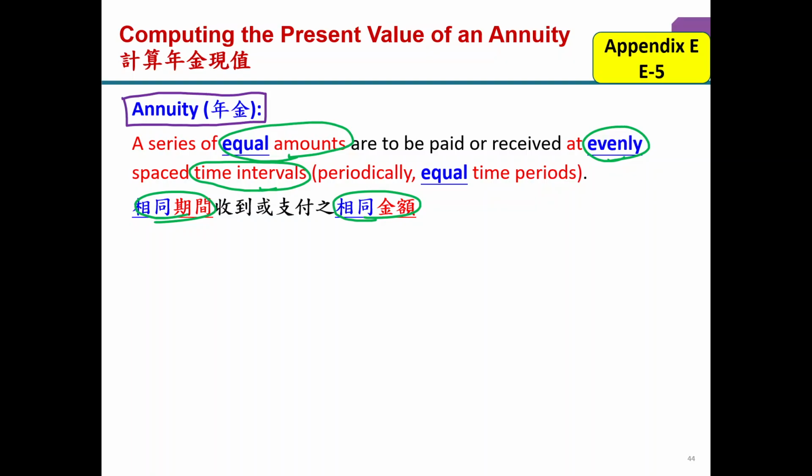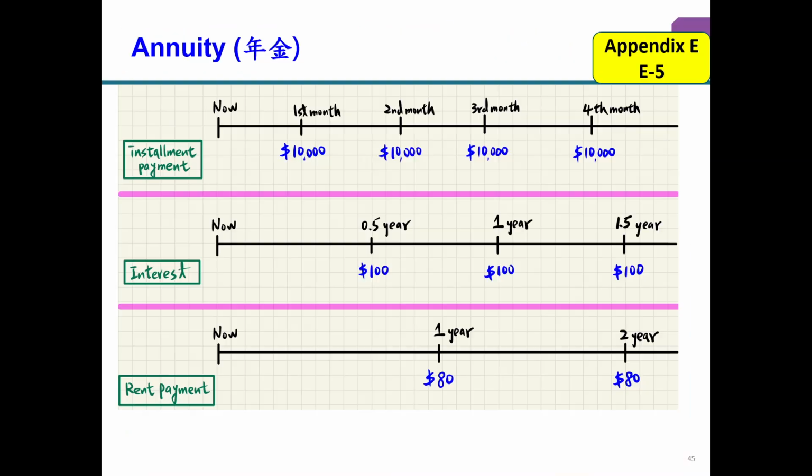It's like what? Installment payment, 分期付款. It's quite common. Installment payment is like when I buy a house or a car. When I borrow money from the bank, it always asks me to make installment payments. What does it mean?